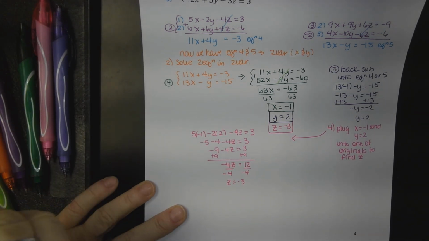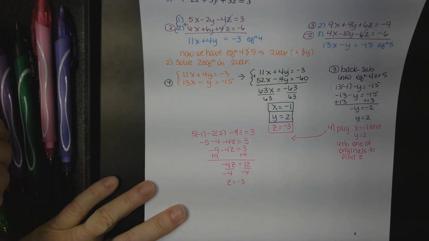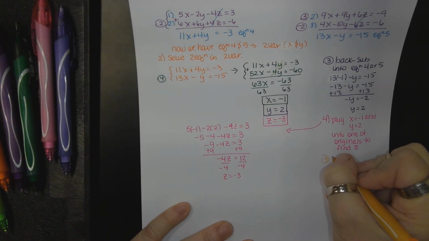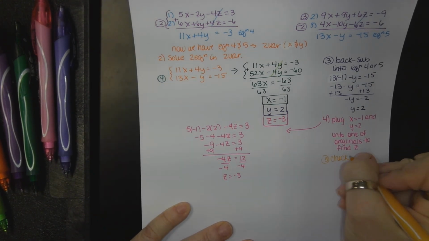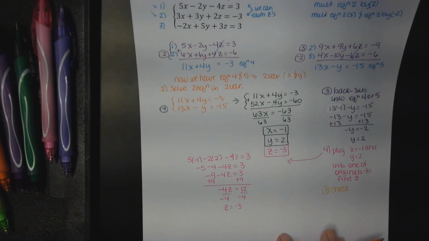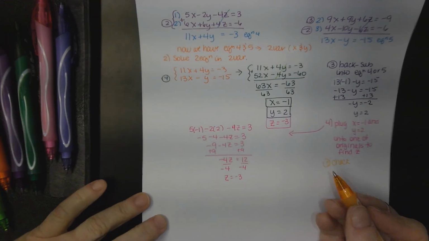Now, fifth step. Oh man, I missed my dark blue. I guess we'll do that in light orange. We're going to check. So we take negative 1, 2, and negative 3, and we plug that in to each of these equations.